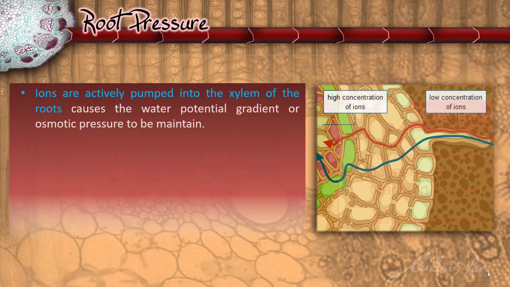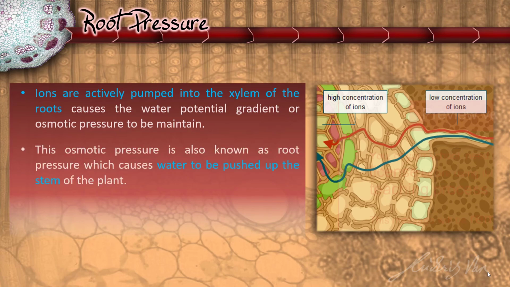So this causes the osmotic pressure or the water potential gradient to be maintained. This osmotic pressure is known as the root pressure, and it will cause the water molecules to be pushed up the stem of the plant.